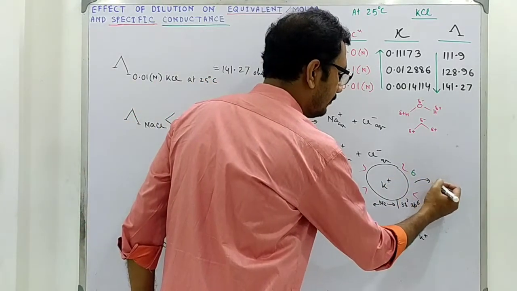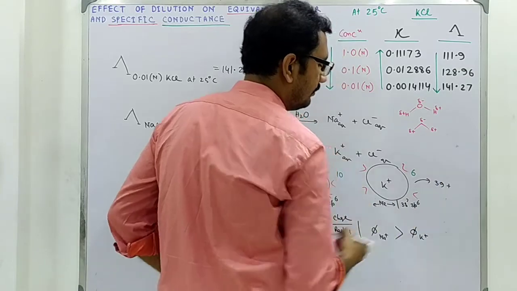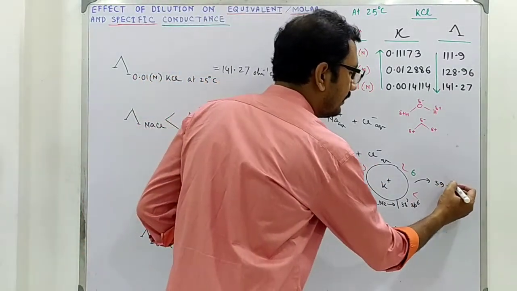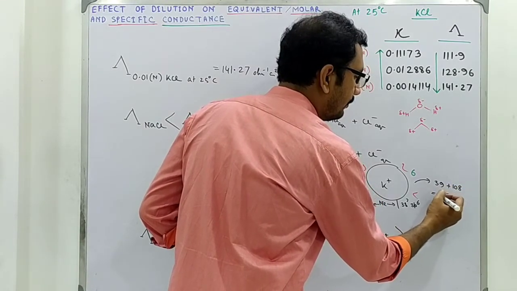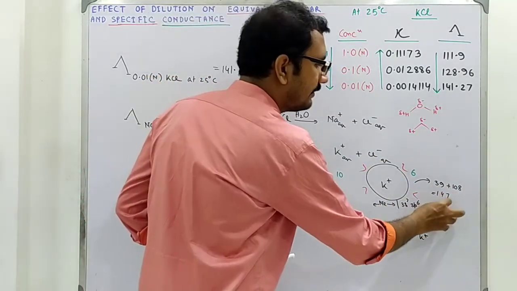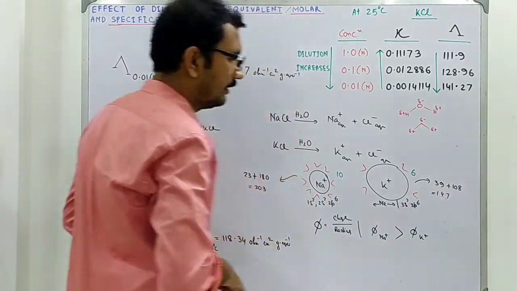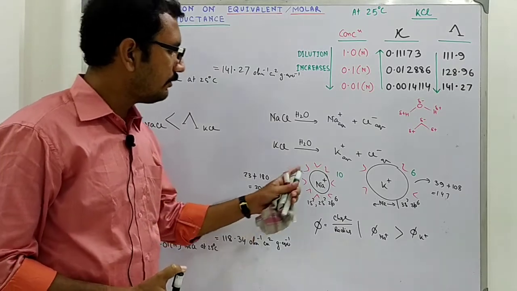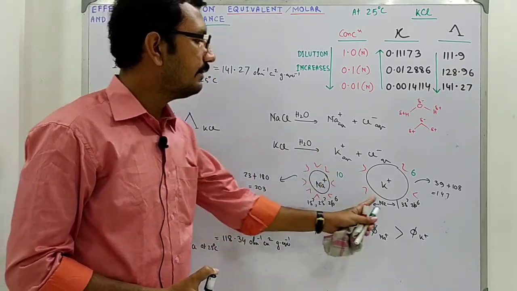What will be the value for this one? It is 39 approximately, plus 6 into 18. So, 6 into 10, 60, 48. So, it is 108, plus 39, so 147. Check it please. So, after hydration, what is the picture? You see the hydrated sodium ion is actually heavier than the hydrated potassium ion.